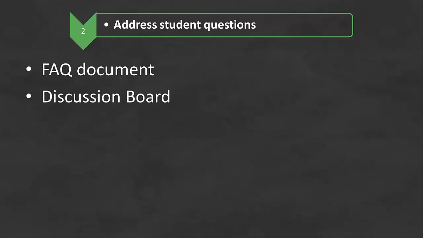Okay, you could also use a discussion board tool. Maybe you'll set up a forum that is just for general questions about the syllabus. And then students could go in there and start a thread and ask their question, and then you could go in and reply and give them answers, or you could allow other students to answer. Of course, you'll want to monitor that and make sure they're answering correctly.